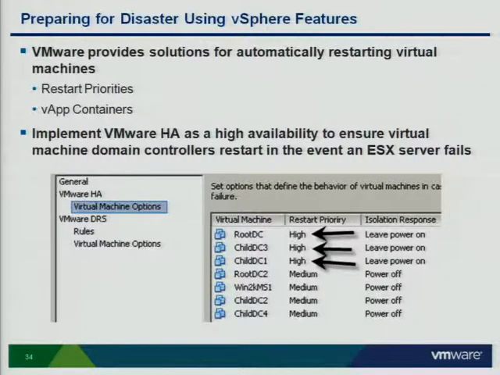Because HA is going to say, well, hey, there's enough gas in the tank to start all 10 of these, and it'll just power up all 10 of them. Well, there goes your restart priority out the window, right? Of course, so that's something to consider here.